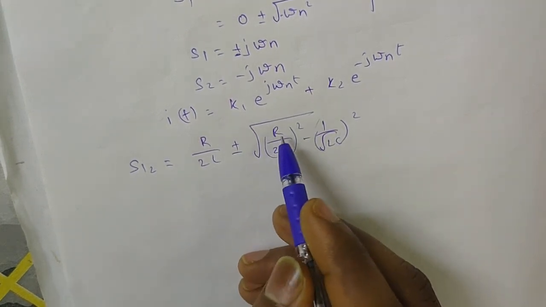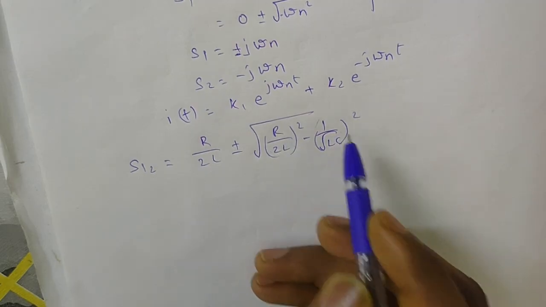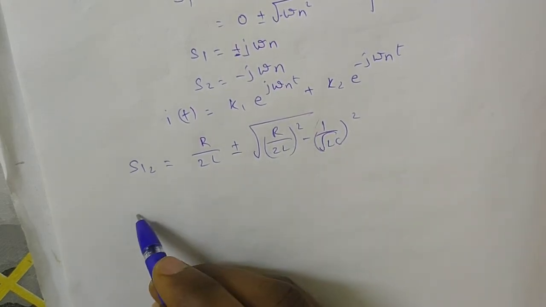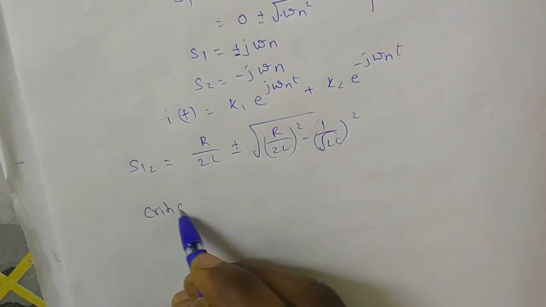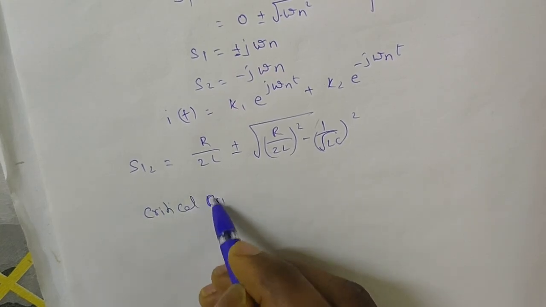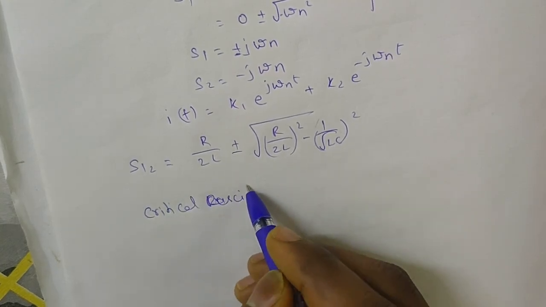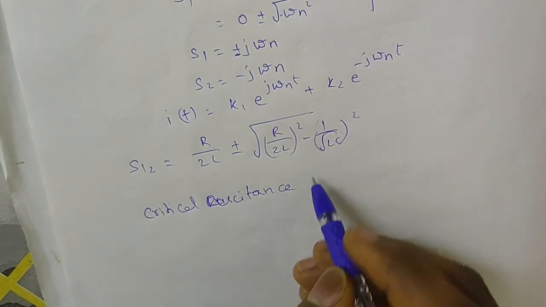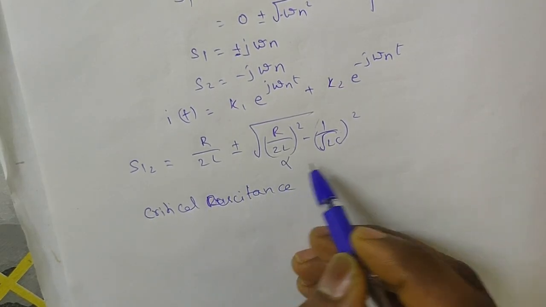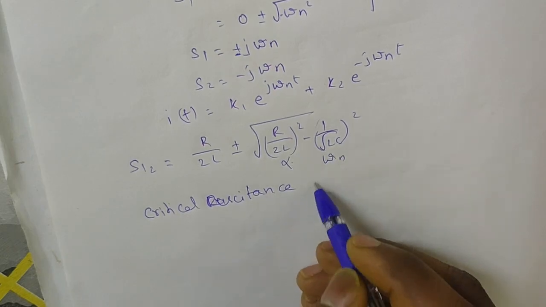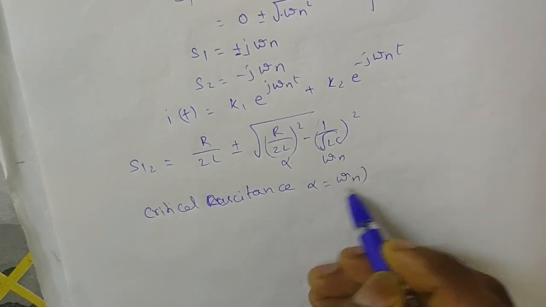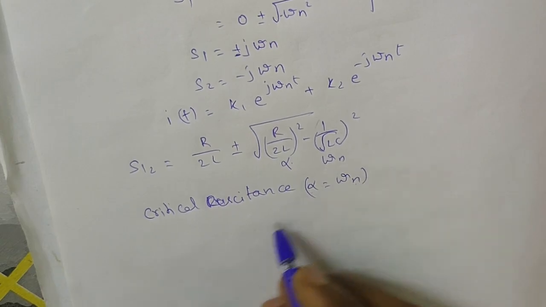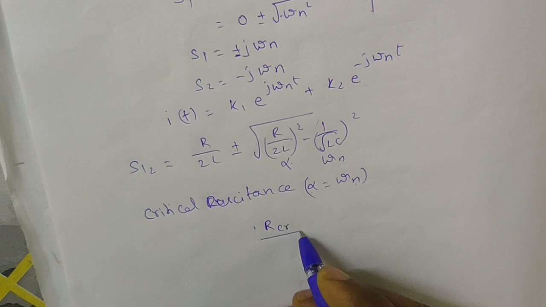The resistance where this term equals this term is the critical resistance. We are considering this as alpha, and this is omega n. So alpha is equal to omega n condition. To obtain this condition, what is the value of R?